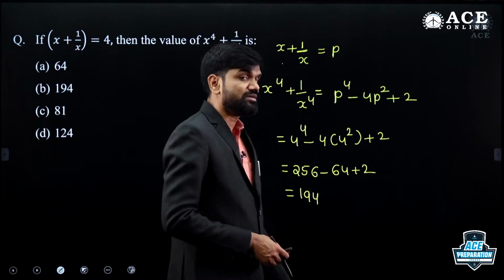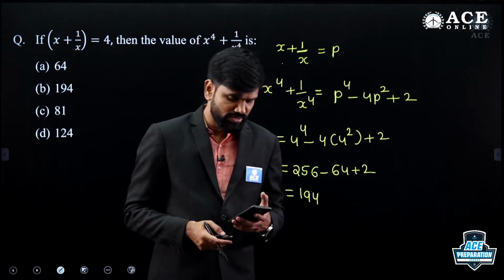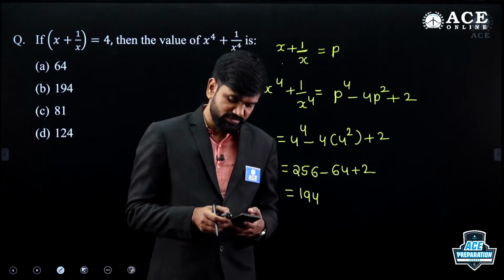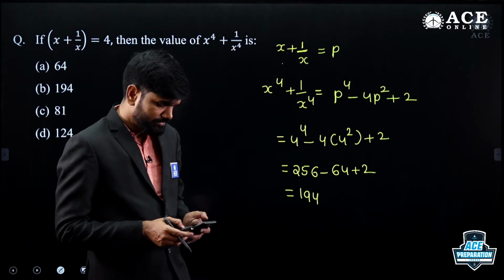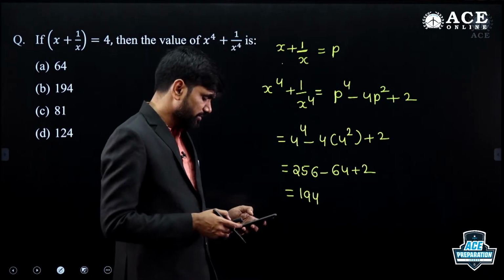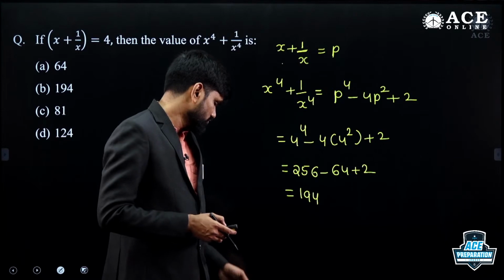Previously I took one example while discussing the formula, where I took x plus 1 by x equal to 4 only. So we have already done this. 194 should be the right answer. Right, dear? Everyone? No doubt?